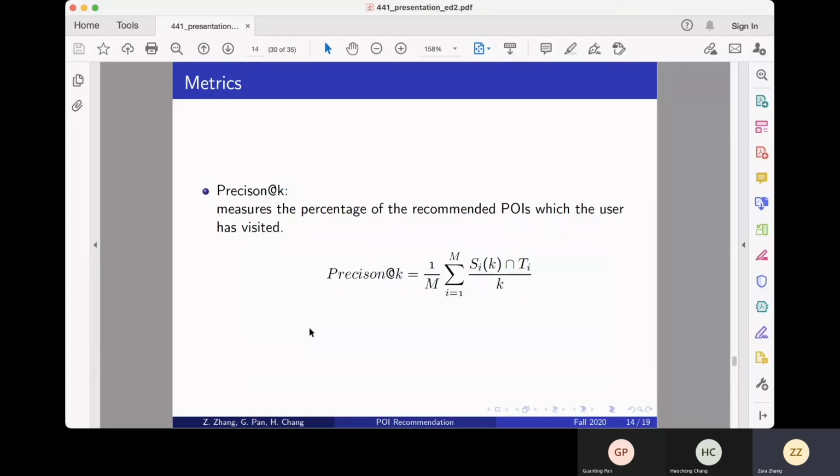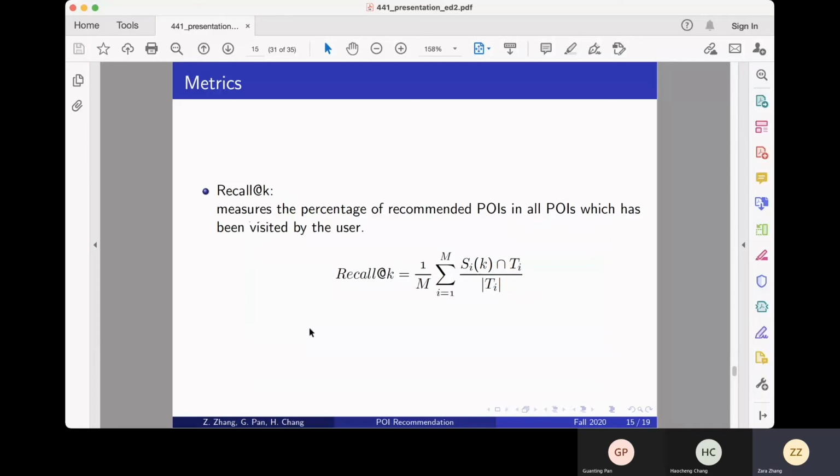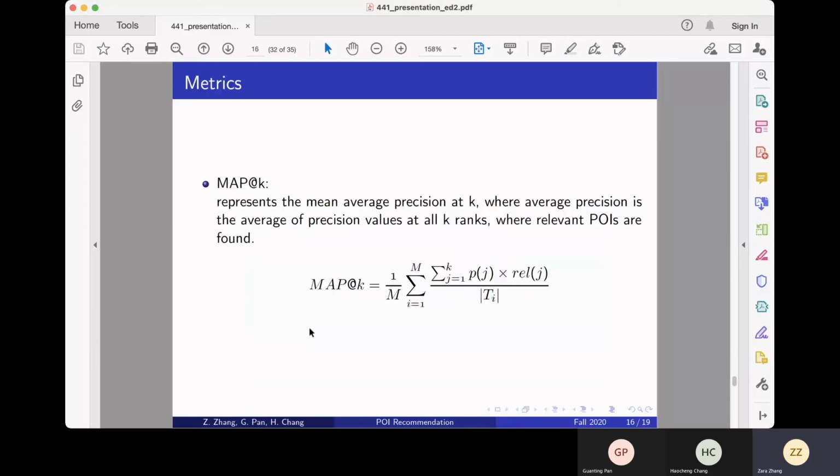Our first metric, precision at K, measures the percentage of the recommended POIs which the user has visited. Then recall at K is also associated with the user's behavior, but it measures the percentage of recommended POIs among all POIs which have been visited by the user. And lastly, MAP at K represents the mean average precision at K, where average precision is the average of precision values at all K ranks where relevant POIs are found.